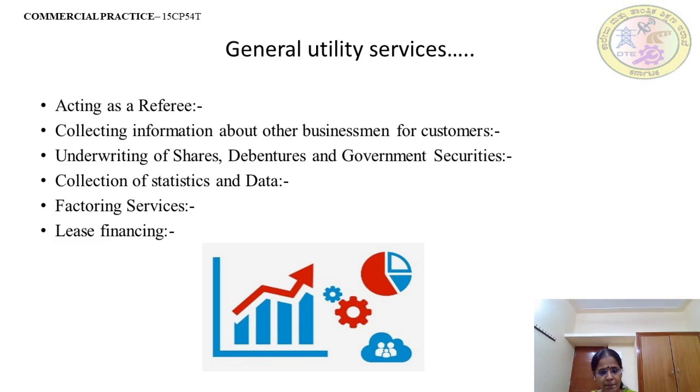So the bank will not only act as a reference for other businessmen, it will also collect information about other businessmen for his customer. The information supplied by the banker will help him to overcome his losses.